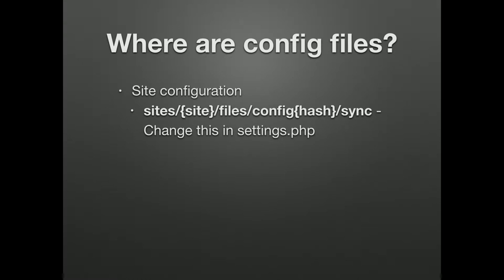That's why I say change this in your settings.php to somewhere outside your web root, if you're going to be using it. If you're using the Drupal Composer project, I think it automatically sets that up in settings.php for you. And we'll take a look at how to do that in a little bit.